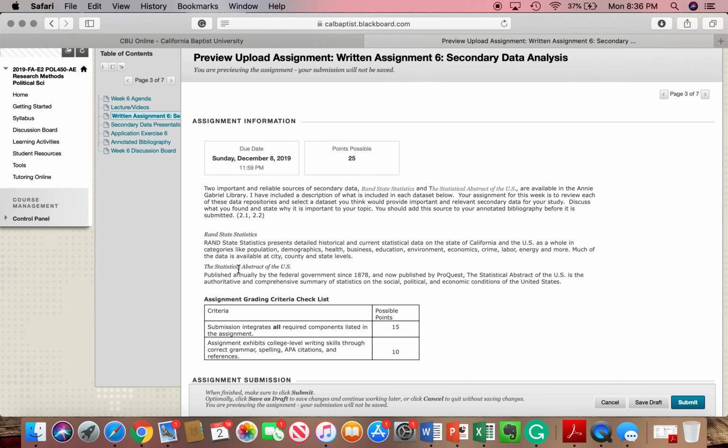The RAND state statistics presents detailed historical and current statistical data on the state of California and the U.S. as a whole in categories like population, demographics, health, business, education, environment, economics, crime, labor, energy, and more. Much of the data is available at the city, county, and state levels.